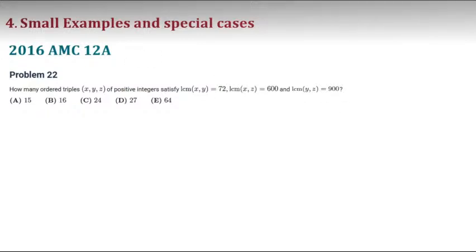We want to find it. So, look, 72 is what? It's 2 cubed times 3 squared, 8 times 9. 600, each 0 is 10, which is 2 times 5, so we have 2 zeros. 600 has 2 cubed times 3 times 5 squared because we have 2 zeros.